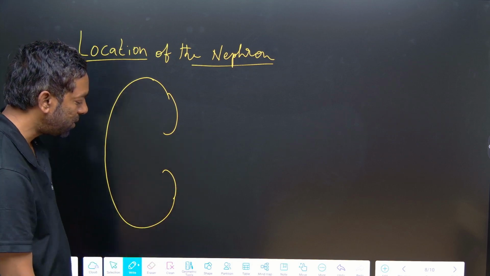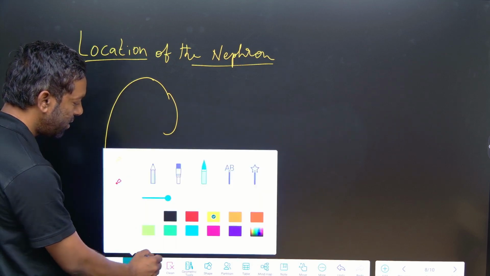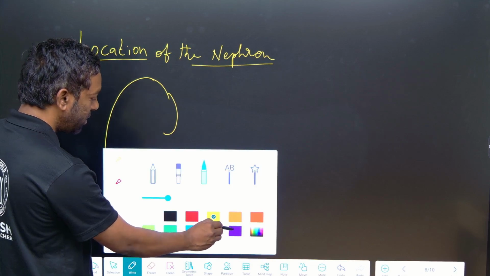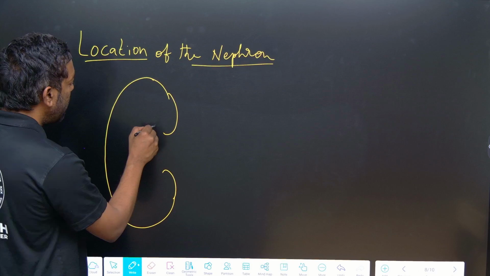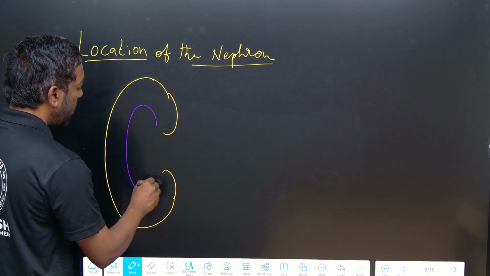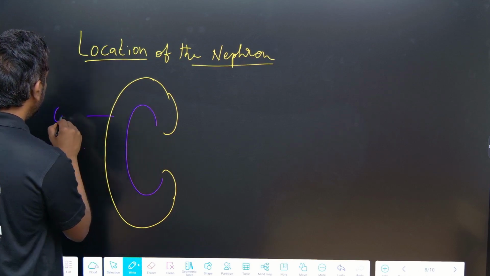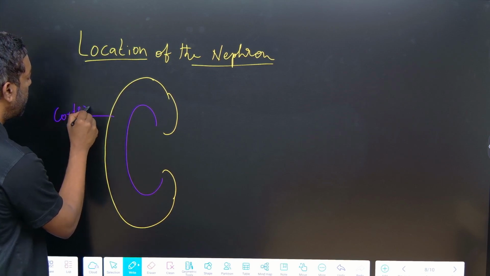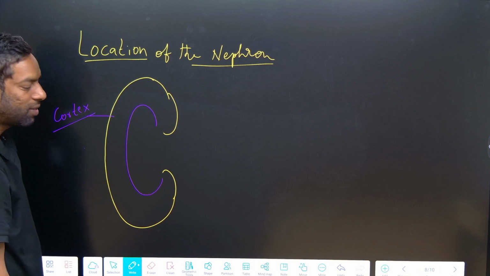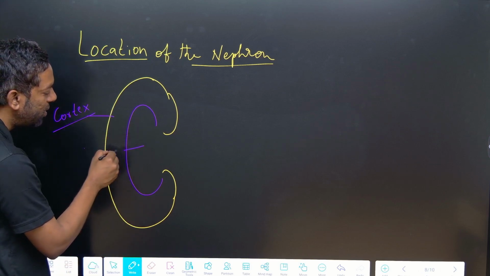The kidney has two parts, two regions. One is the cortex. One is the medulla. This is the medulla.